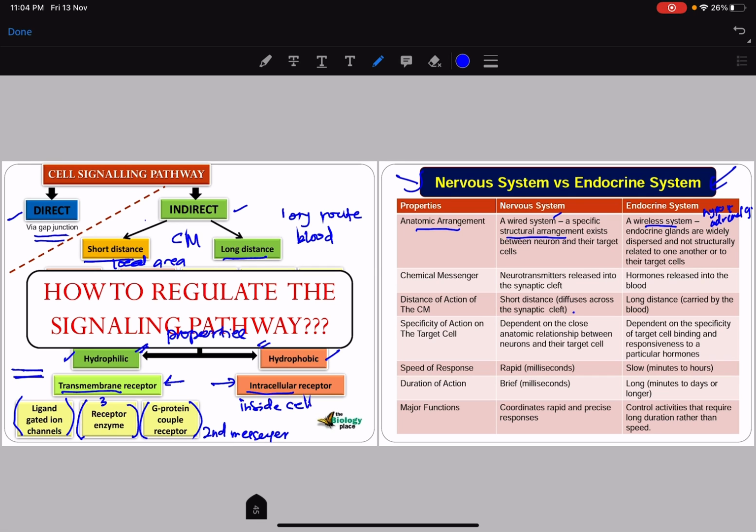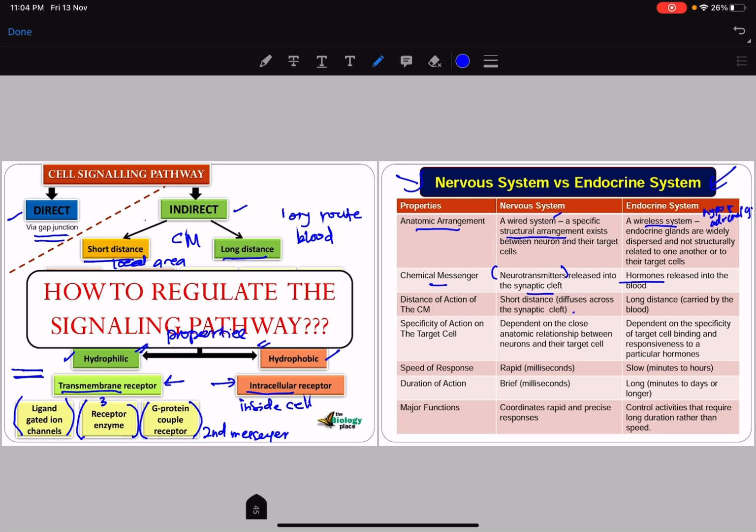Next, the chemical messengers for the nervous system are neurotransmitters, which are released into the synaptic cleft. The chemical messengers for the endocrine system are hormones secreted by the endocrine gland, and these hormones are released into the blood.